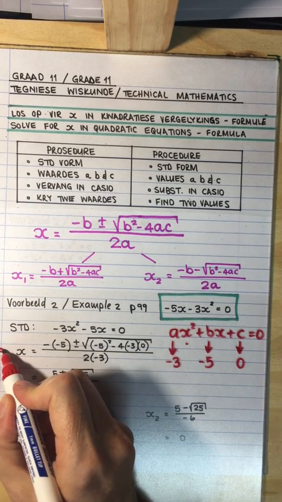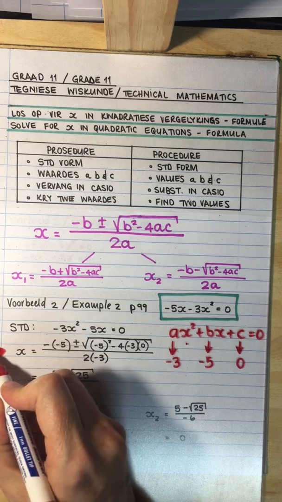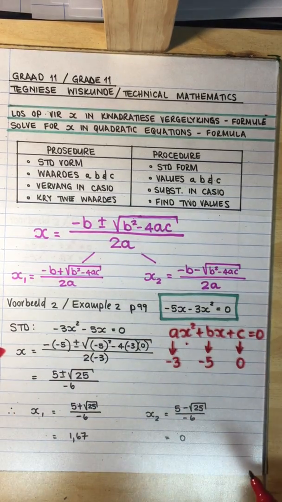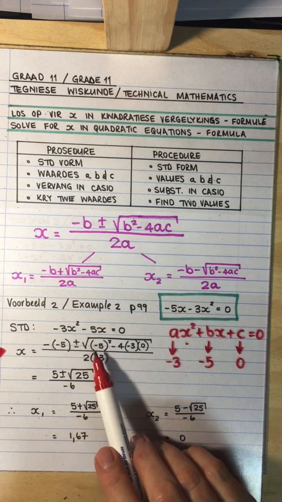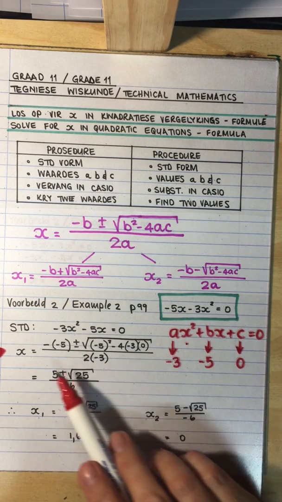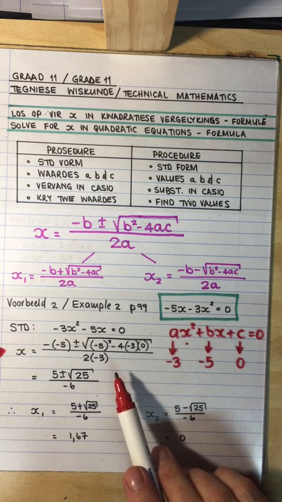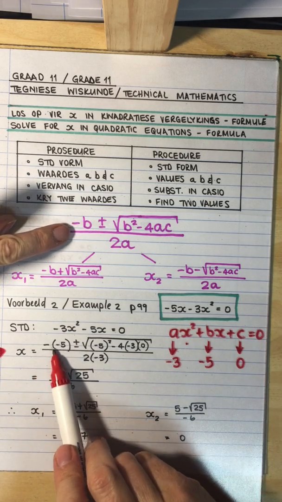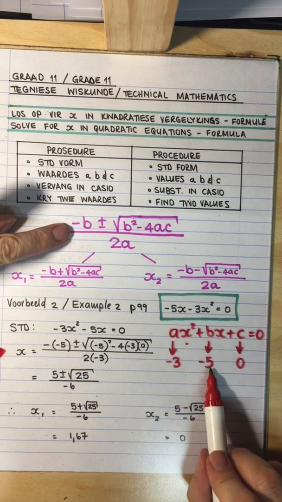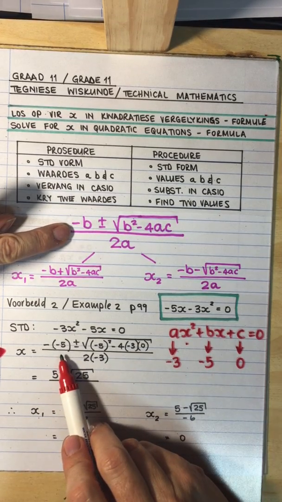This step needs to be written down on your answer sheet. And for each of the values of a, b and c, you will insert round brackets to make sure that the signs work out correctly. So we have negative b, in round brackets, and we substitute -5.